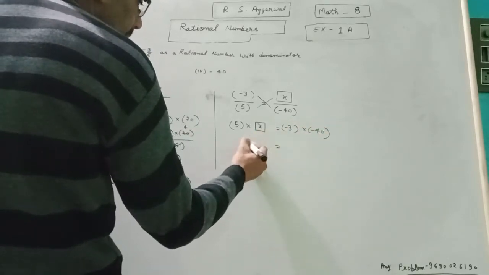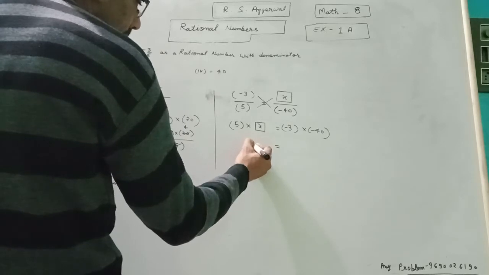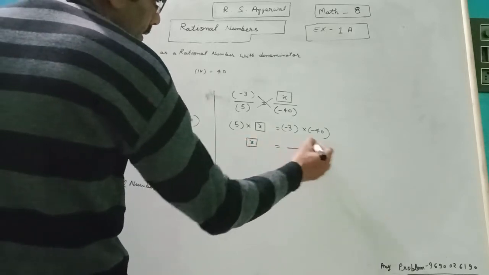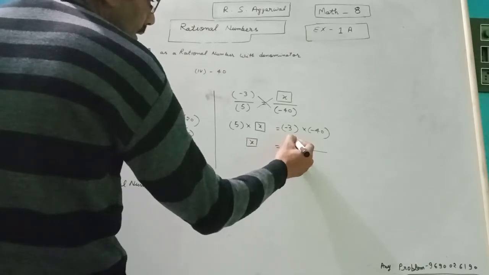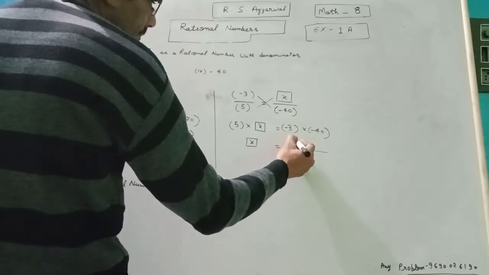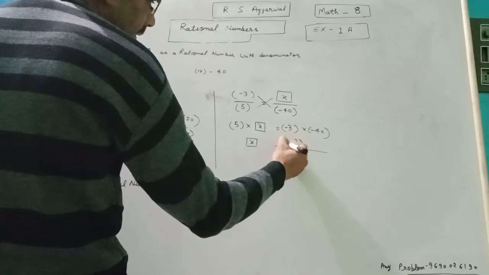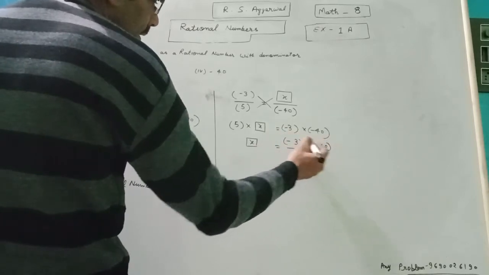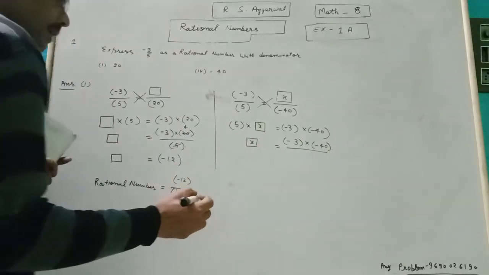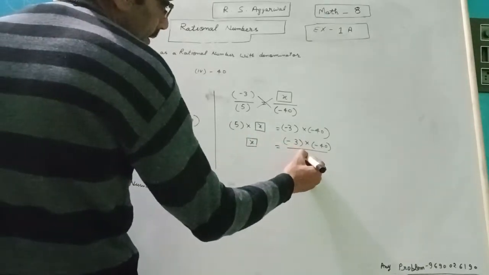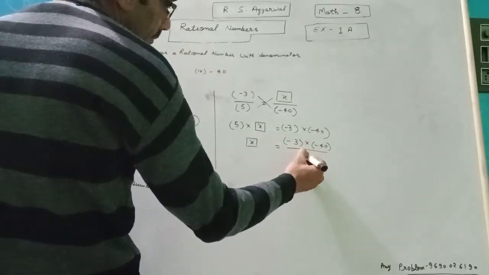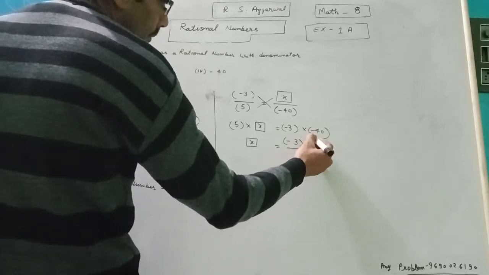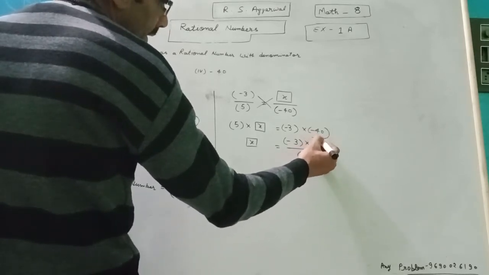Multiply not be x or box, we want to write -3 into -40, multiply divide by 5. 40 divided by 5 is minus 8.